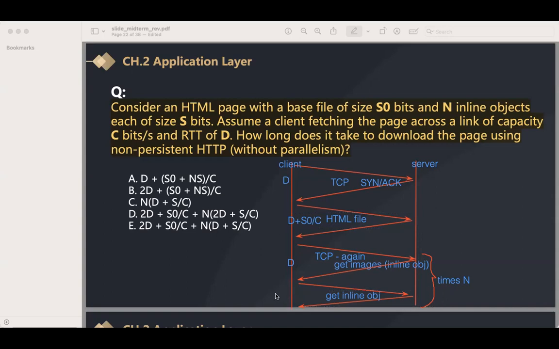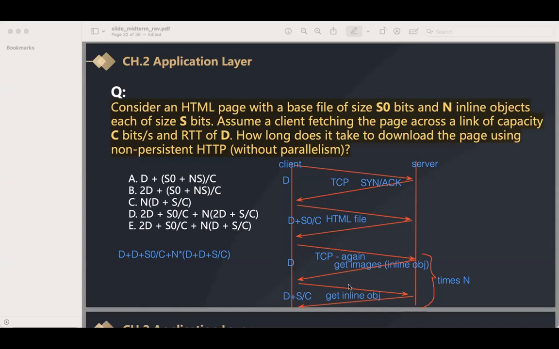And in here we will have d plus s divided by c, right? So now the equation will be d plus d plus s0 divided by c, plus n times d plus s divided by c. Then you will figure out the answer. So that's how we do the calculation for this kind of question.